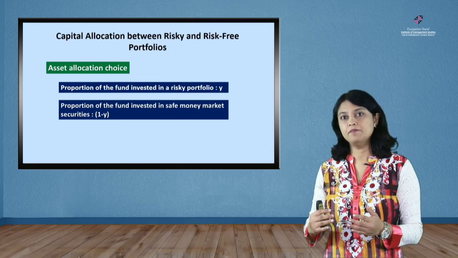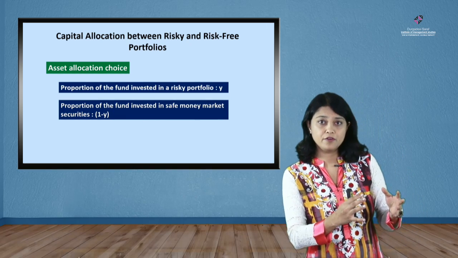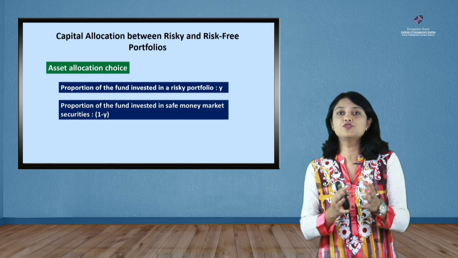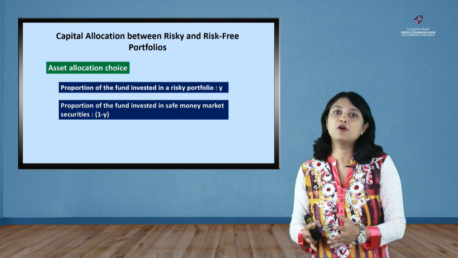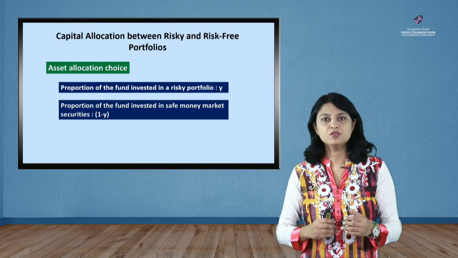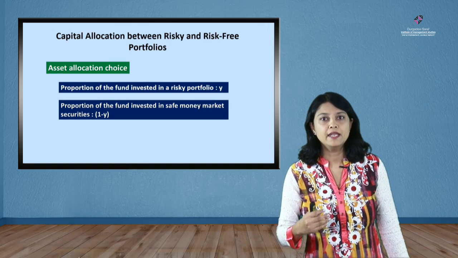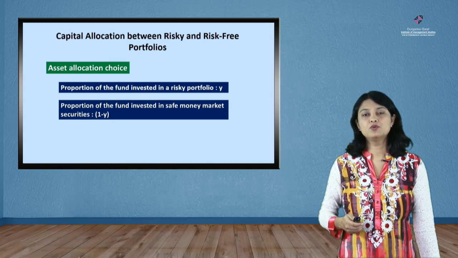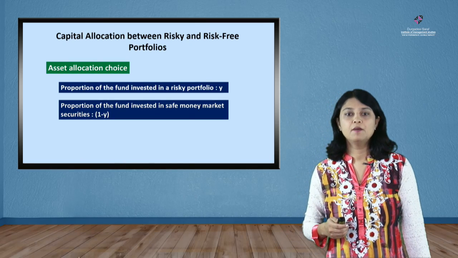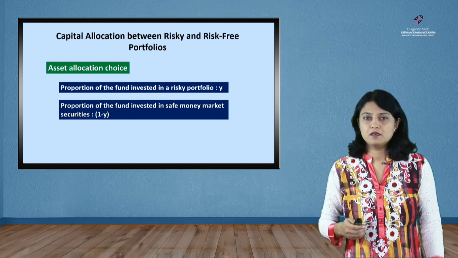The second step would be within these risky assets, within the portfolio of risky assets, you may decide how much to invest into stocks, how much to invest into bonds and the other alternative assets. So, this is the two-step process of asset allocation. Now, I'll take you today through the first step of it, that is capital allocation between risky and risk-free portfolios.